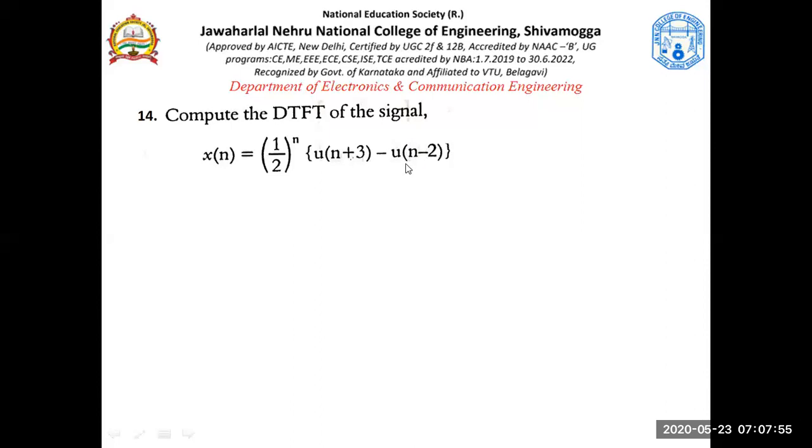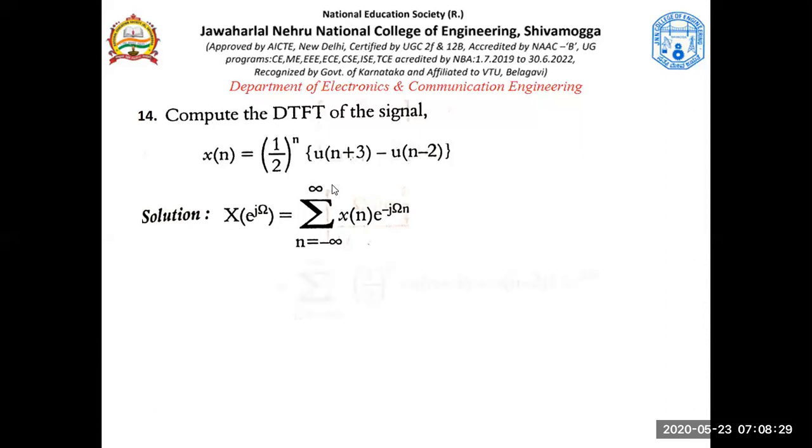So if you subtract this signal from this signal, you will get a rectangular pulse with the range minus 3 to plus 1. That is what we need to understand here. This is actually defining the range of this signal.